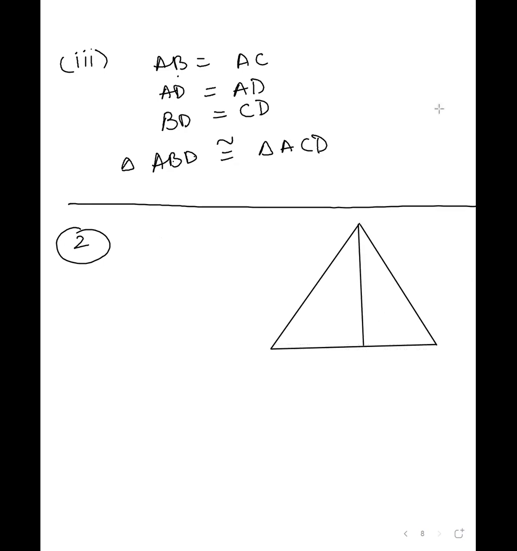What are they saying? Let me write it first: A, B, C, and D. AB is equal to AC, so this is equal to this. And D is the midpoint of BC. Midpoint means this side is equal to this side.